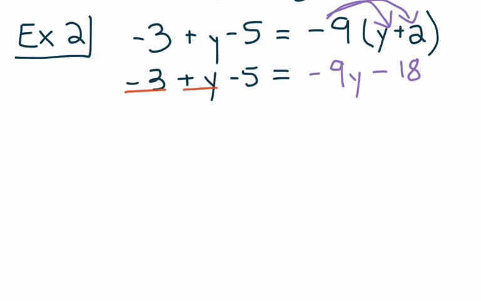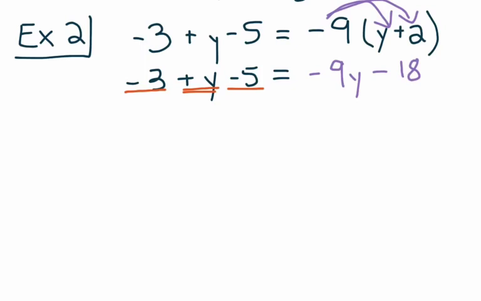If you want to put underlines under your terms so that you're better able to identify your constant terms and your variable terms, feel free to do so. Not something you have to do. I like doing that, especially when I'm introducing how to do this, just so that students are able to more easily see what terms they need to combine. So, negative 3 and minus 5, they both have a single red line underneath them, so I'm going to combine those.